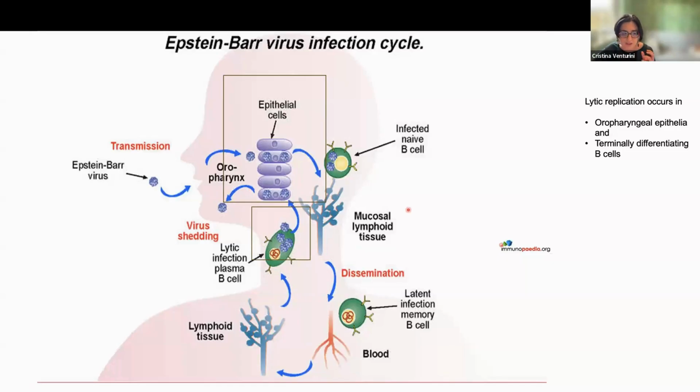Replication in the saliva is absolutely necessary for transmission. Due to the low expression of viral proteins, infected B cells escape immune control.